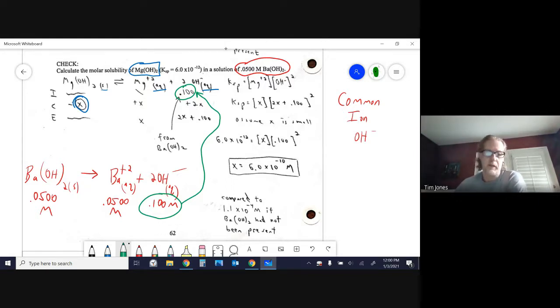Now, magnesium hydroxide also gives off 2 hydroxides right here. That is not where that 0.1 came from. The 0.1, I need to really emphasize this, that 0.1 right there, it came from the barium hydroxide.